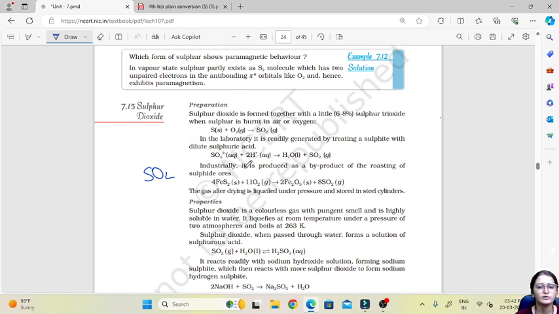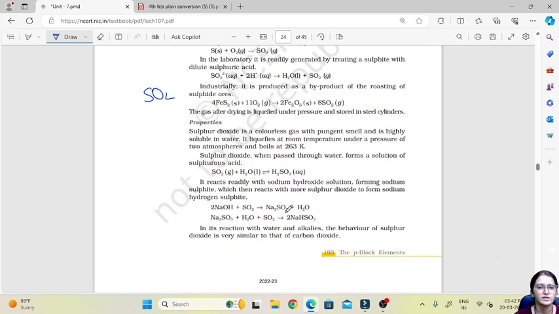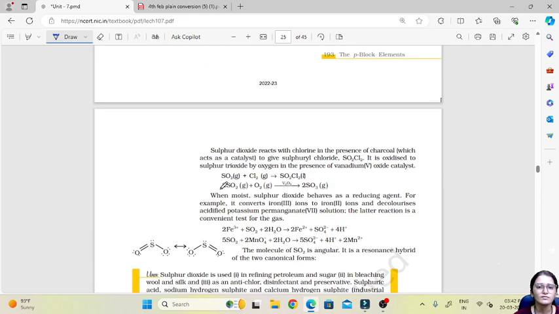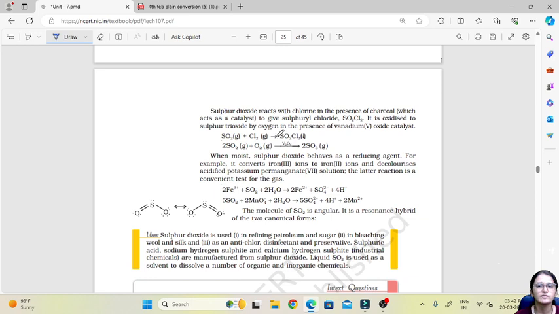So this sulfide ore, iron sulfide, is treated with oxygen to give oxide and sulfur dioxide. Then sulfur dioxide, when treated with chlorine, gives sulfuryl chloride, and it is oxidized to sulfur trioxide by oxygen in the presence of vanadium oxide catalyst. So V2O5 we can use to produce sulfur trioxide.